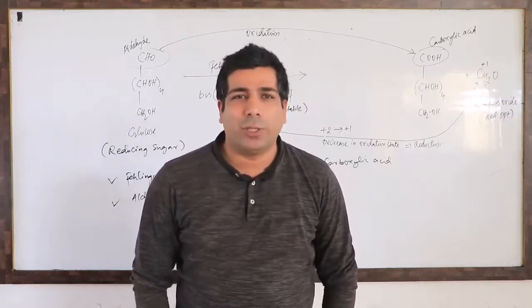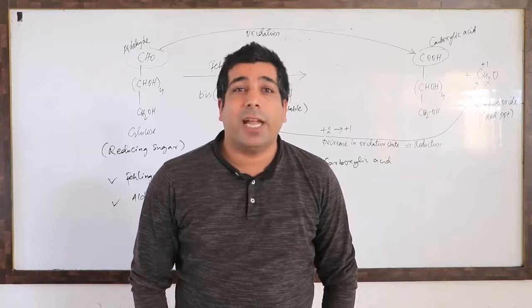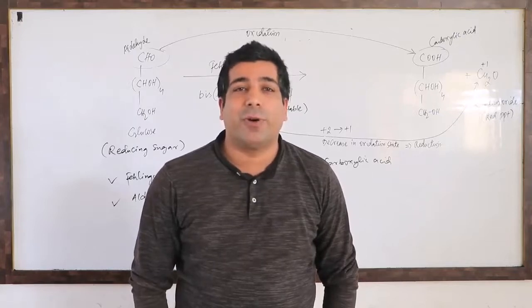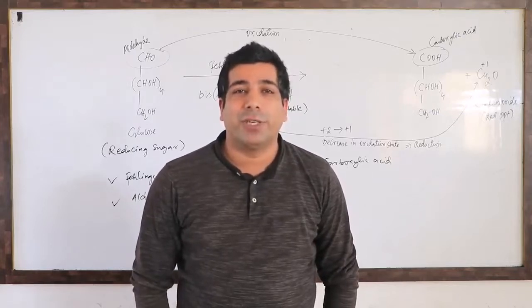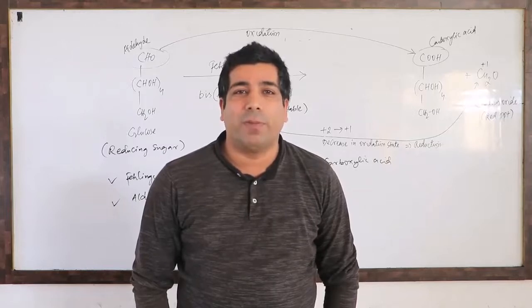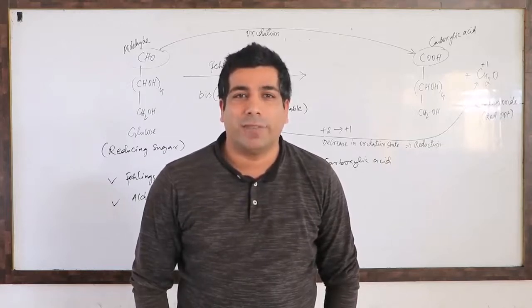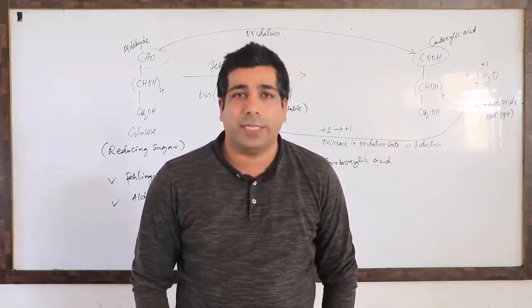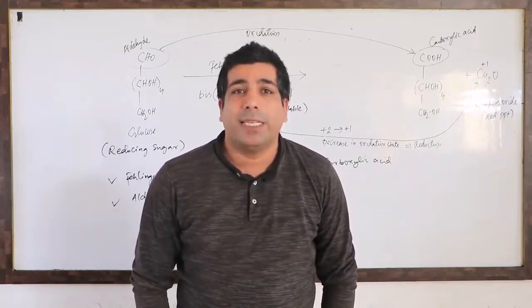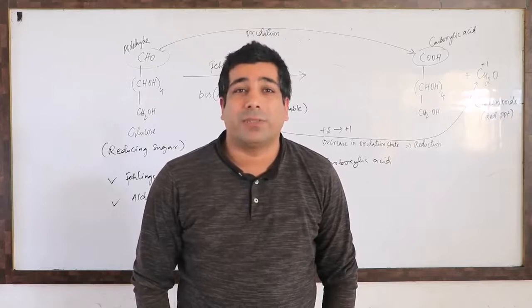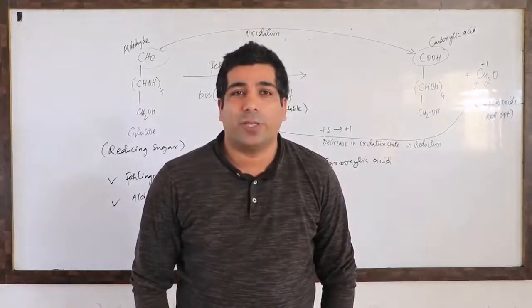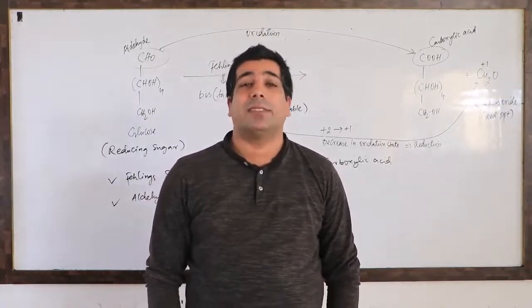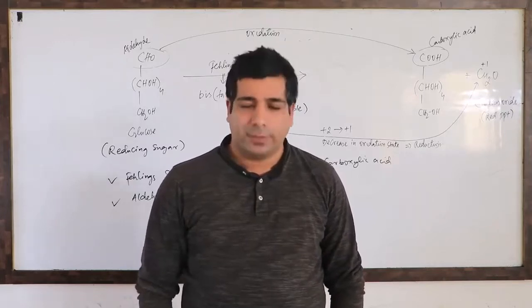It's not the glucose actually, it is basically the free aldehyde group of glucose, which is reducing the copper from +2 to +1 in Fehling solution, and the same aldehyde of glucose is reducing the silver of Tollens reagent from +1 to 0. I hope you have understood. That's why it will be considered as reducing sugar.